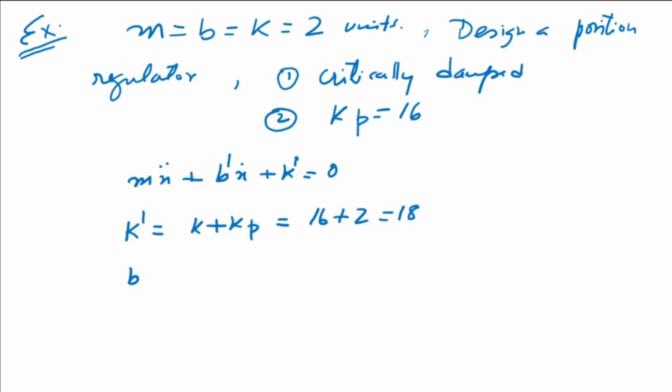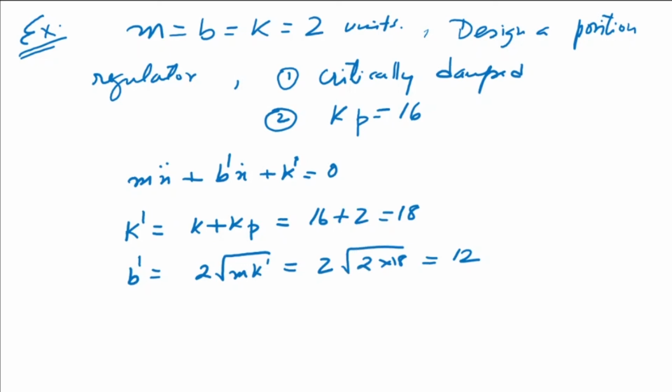So what is b dashed? b dashed squared is equal to 4 m k dashed, so b dashed is equal to 2 root m k dashed.